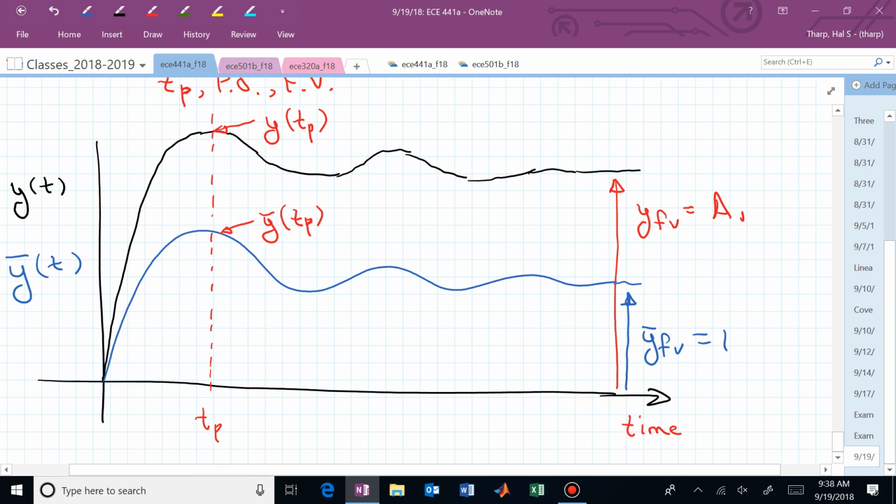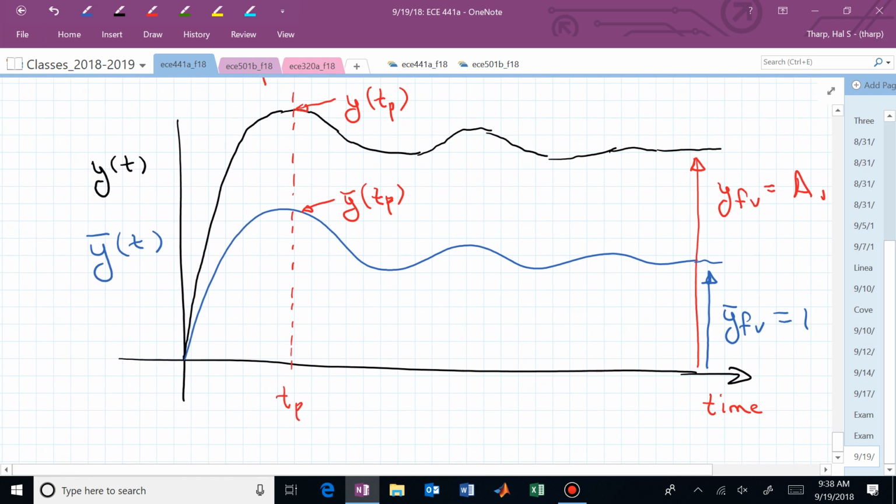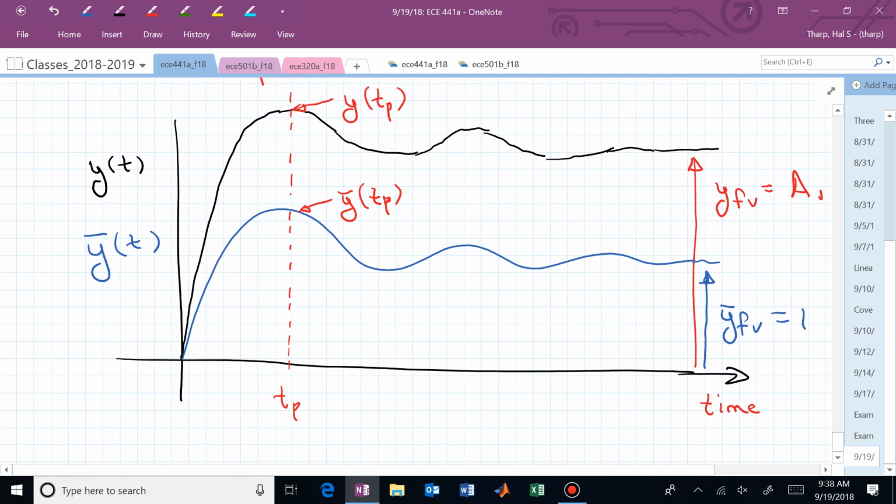What we now want to do is, since y bar is normalized, it's a little easier to work with. Let's work with that to try to find some of these relationships. We will use y when we start to find the final value, or when we try to find alpha. We will use the y of t.